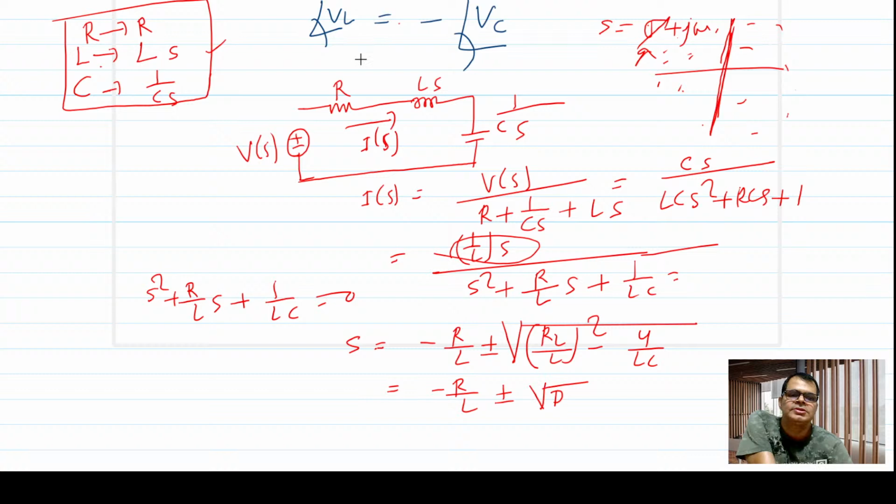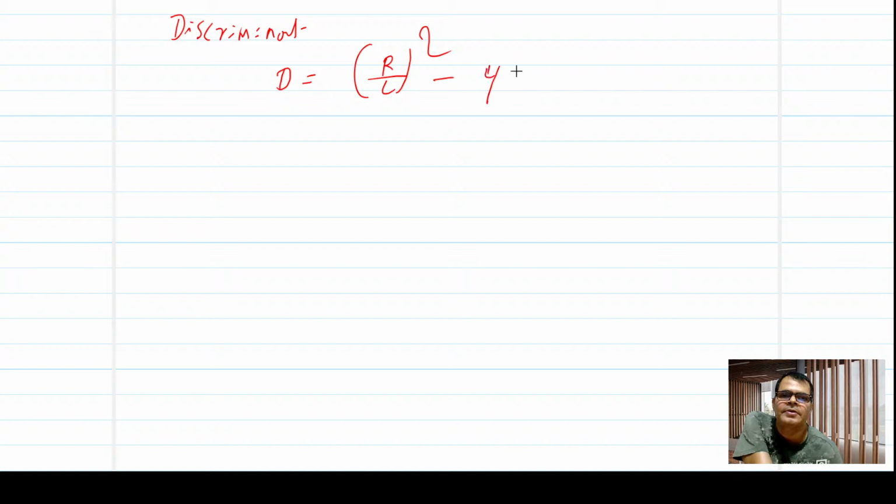So the discriminant D is equal to (R by L) square minus 4 into 1 by LC.